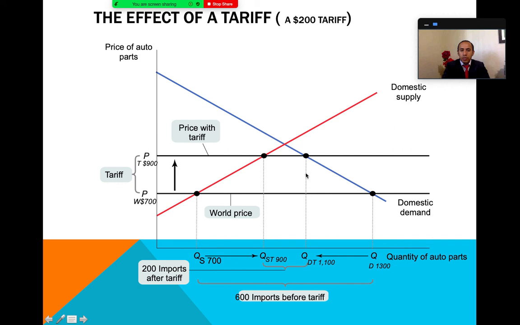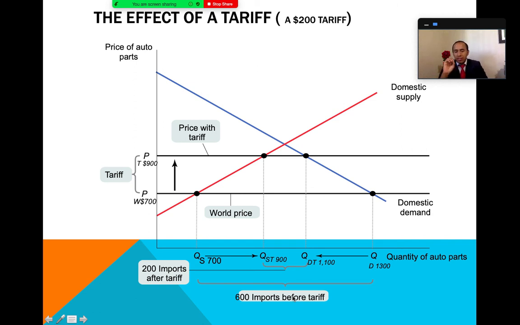The quantity demanded by the consumer at the post-tariff price of $900 is 1,100. Now consumers are demanding 1,100. Producers are supplying only 900 for domestic markets. The amount of imports coming from abroad is now narrowed down to 200 units.